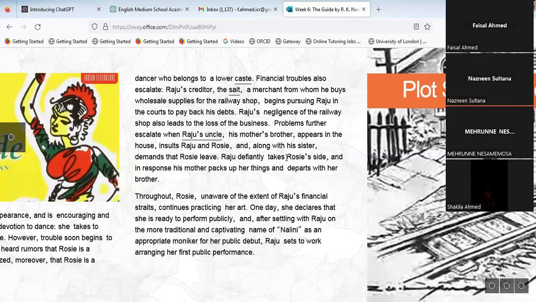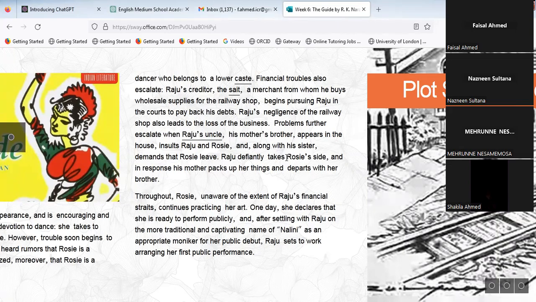Financial troubles escalate. Raju's creditor, the sage, a merchant from whom he buys wholesale supplies for the railway shop, begins pursuing Raju in the courts to pay back his debts. That means now Raju is a debtor.